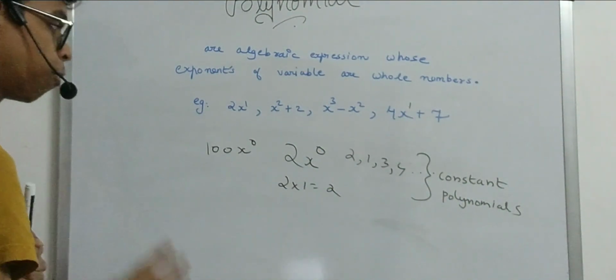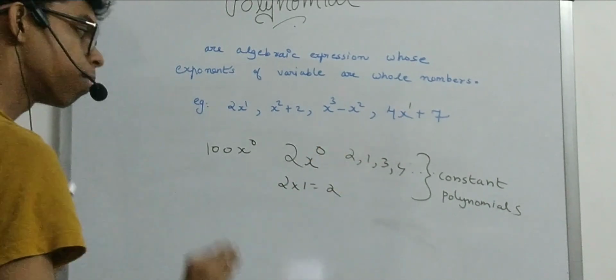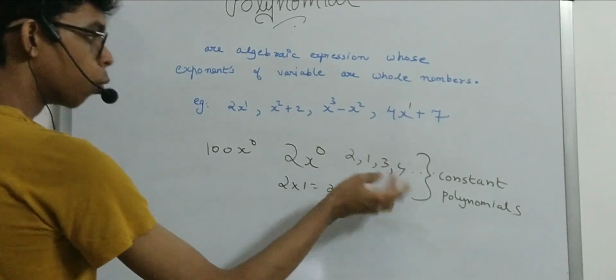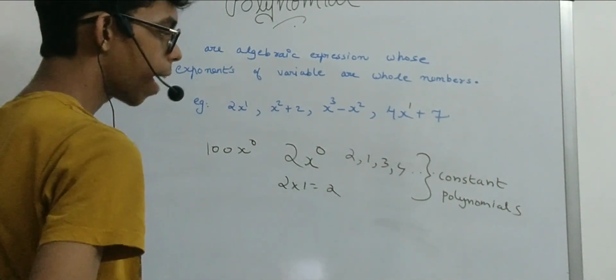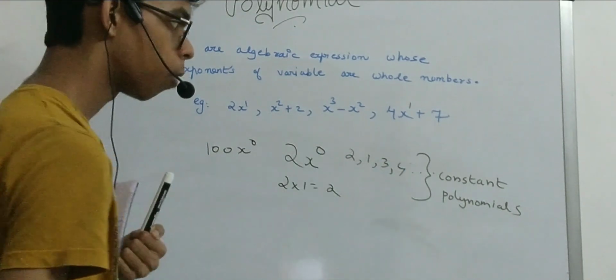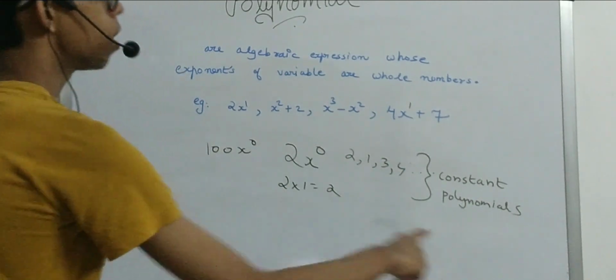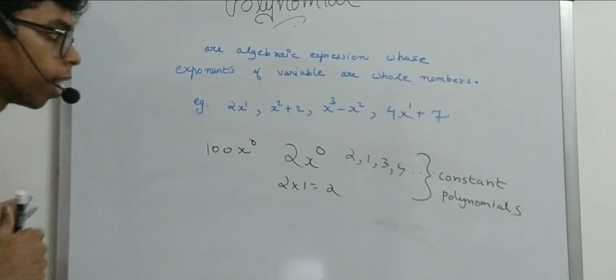So simple numbers like 2, 1, 3, 4, etc. can be a polynomial, and we call that polynomial a constant polynomial.